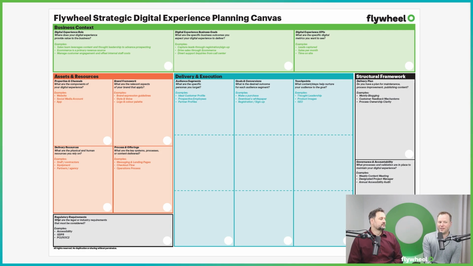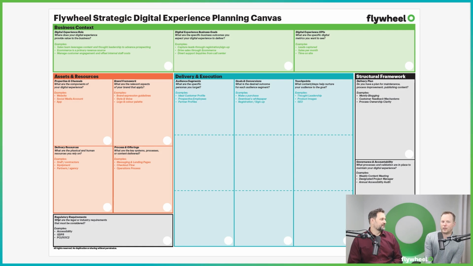Then we would move on to the orange section, where we do a bit of an inventory of your existing assets and resources. This is where we're not asking you to look forward yet. This is taking stock of everything that you've got in place right now. There is a gap analysis exercise in this whole endeavor, but we do that upon reflection towards the end of the workshop.